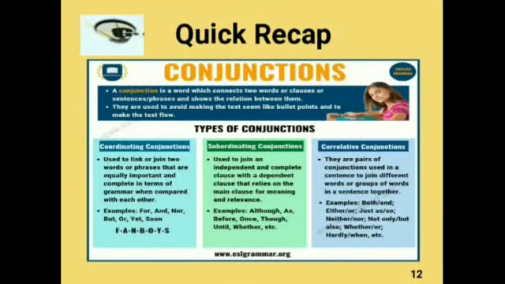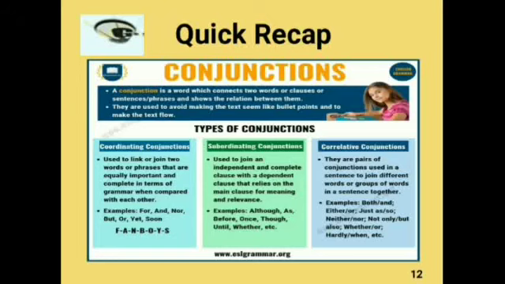At the end, let's have a quick recap of what we have studied under the topic conjunctions. A conjunction is a word which connects two words or clauses or sentences, phrases, and shows the relation between them. They are used to avoid making the text seem like bullet points and to make the text flow.